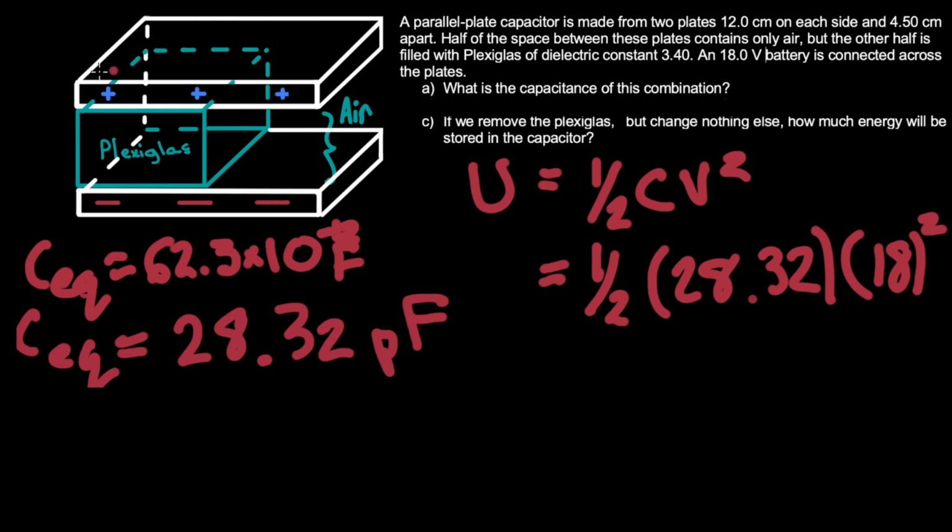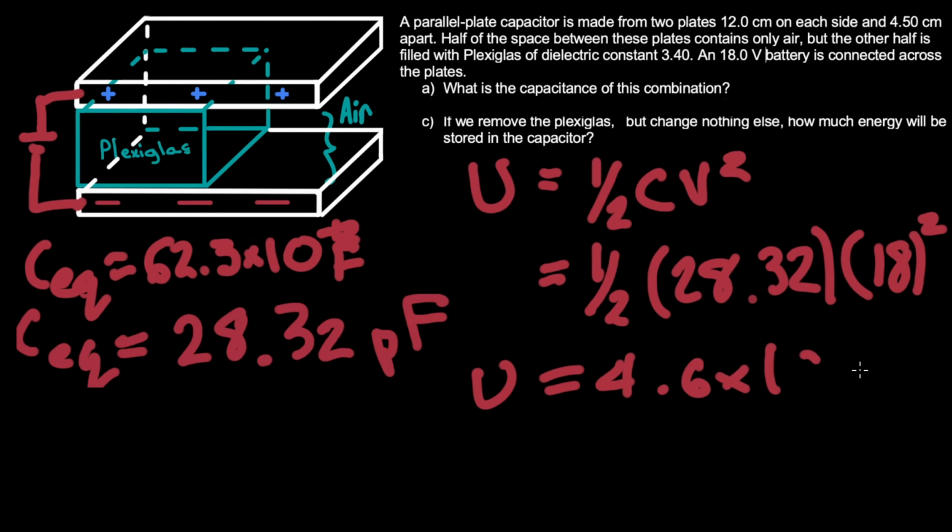And so if you want to think about it, you could imagine a battery being connected like so, and then squared, and so that will give you a potential energy of 4.6 times 10 to the negative 9 joules.